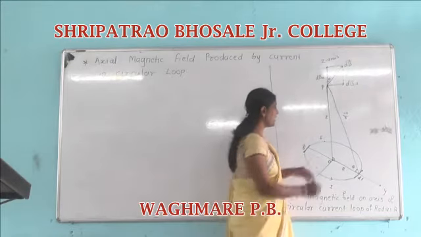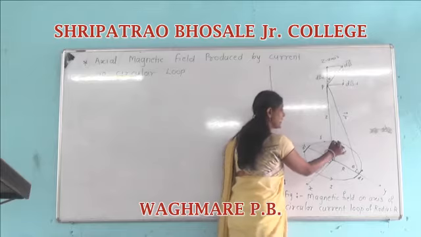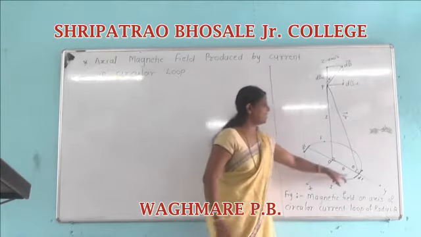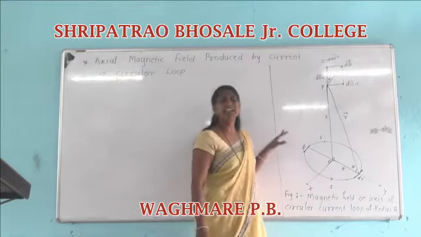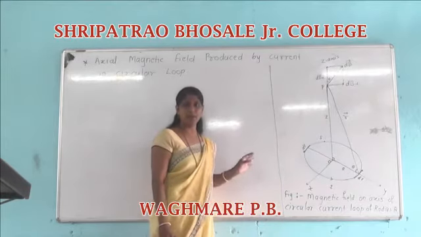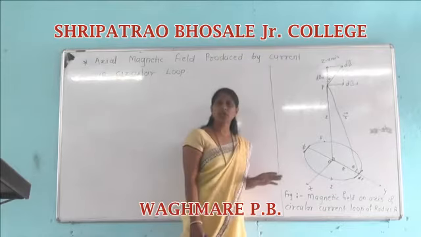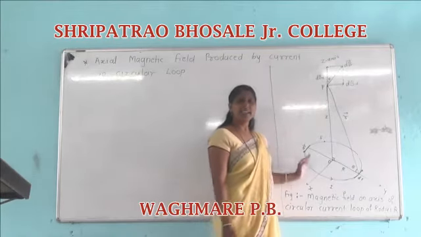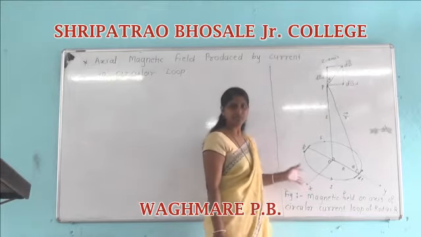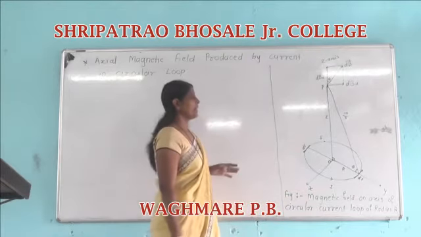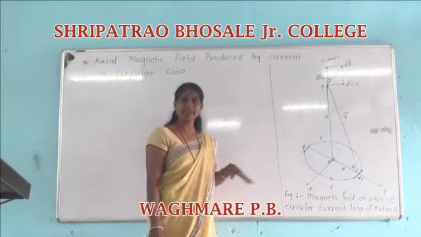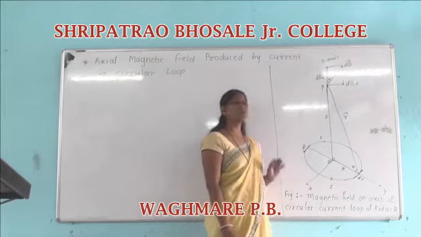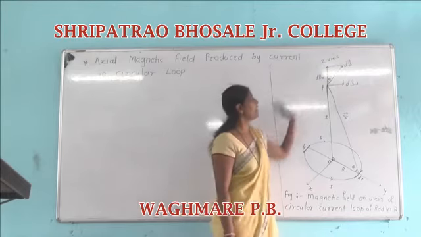Then we can consider another small element here, and here, and then we can integrate dB to find the total magnetic field at point P due to all the small elements.